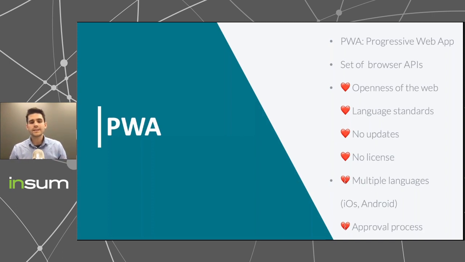What I don't like is having to learn multiple languages to publish the same application on iOS and Android. I also don't like that we have to go through the Apple approval process to release a new version of our application on iOS. But there is no denying that native apps still have clear benefits over web apps.